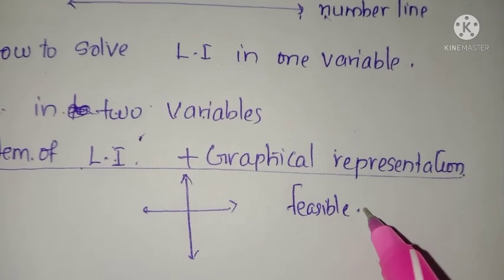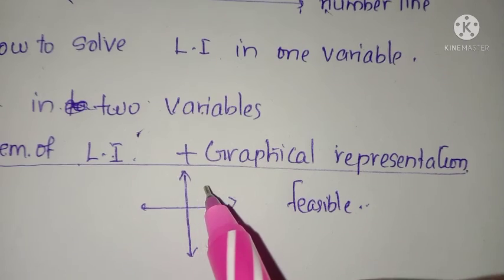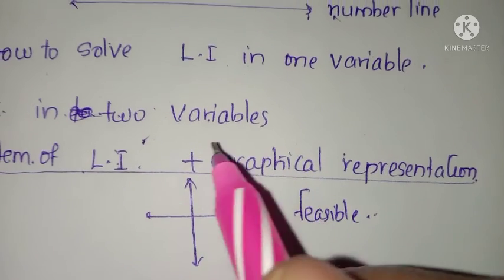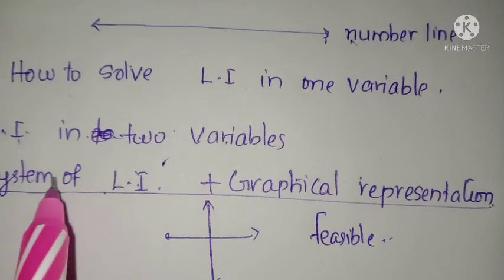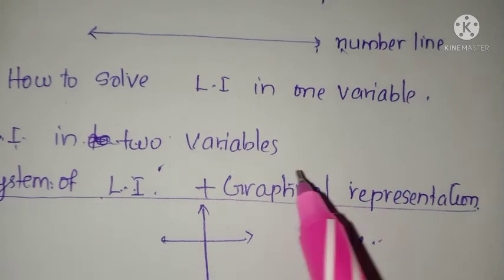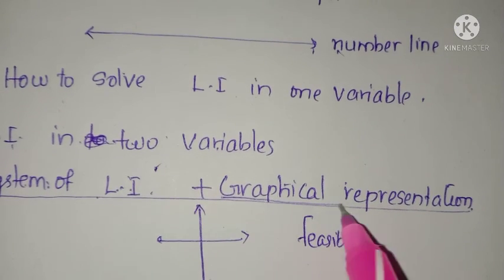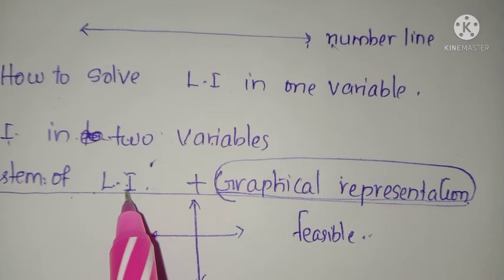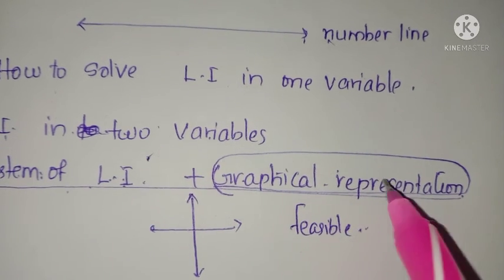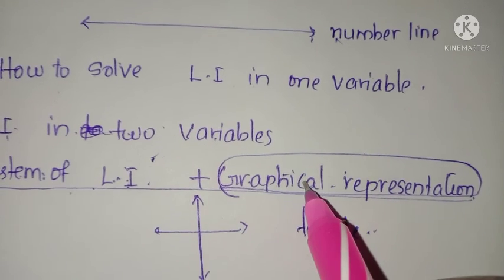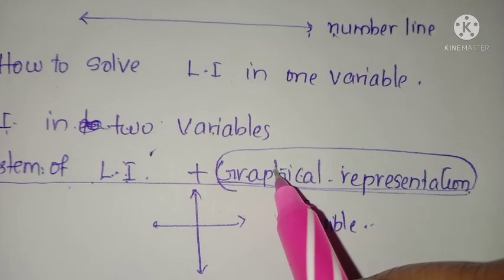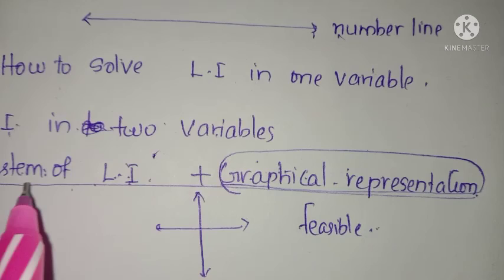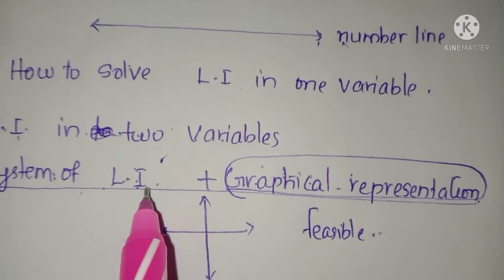Shade the region, and from the shaded region you have to write down the solutions of the required system of linear inequalities. So stick to the topic system of linear inequalities and its graphical representation. This is very important. So write and study or practice well how to draw the graph of a system of linear inequalities.